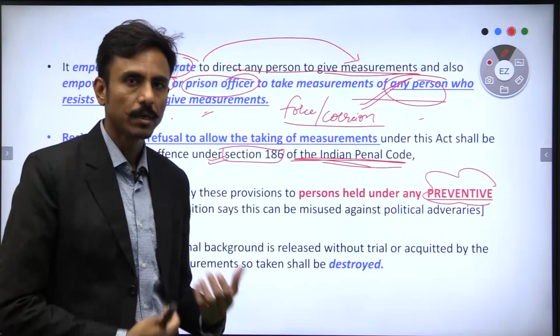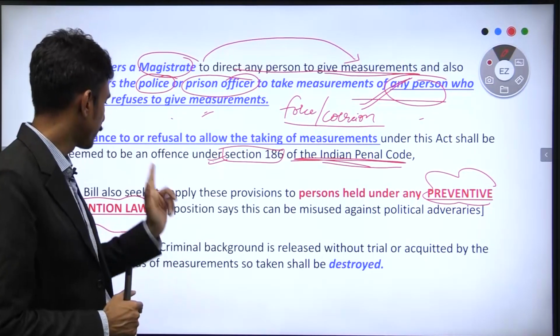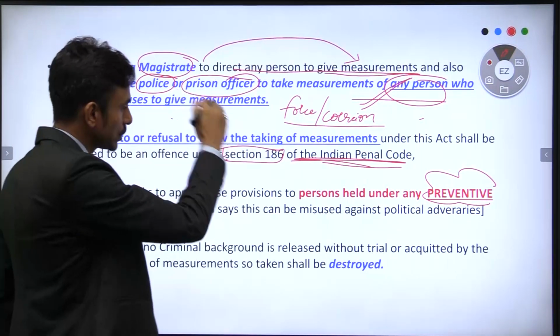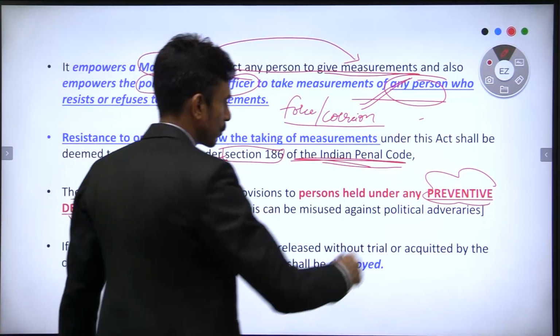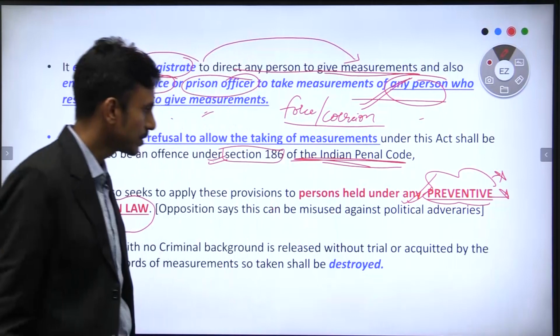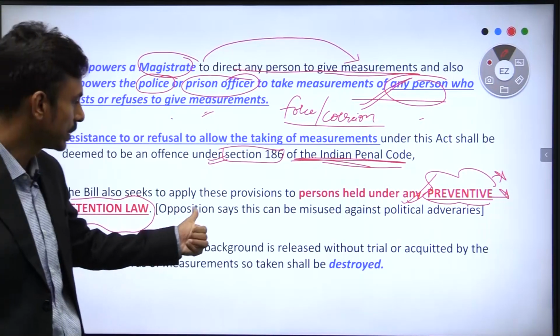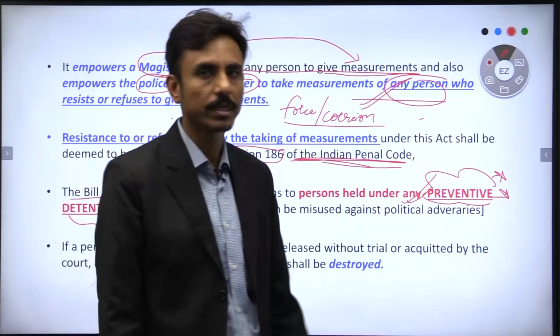It is very debatable, but very importantly, the bill would apply. All these provisions of the collection of the samples would also apply to the persons who are held under preventive detention law, right? And in this sense, the opposition leaders are saying that it can be misused against political adversaries, right?